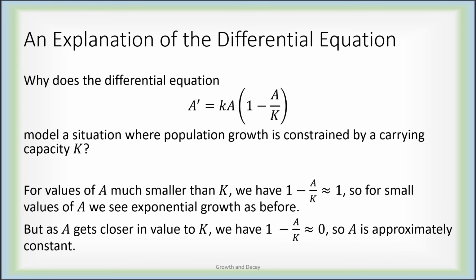But if A is very close to K, then 1 minus A over K is practically 1 minus 1, or 0, so I get a 0 here. Then the constant times A doesn't so much matter. If capital A is very close to K, I get A prime is very close to 0. In other words, the population growth is really slowing down.